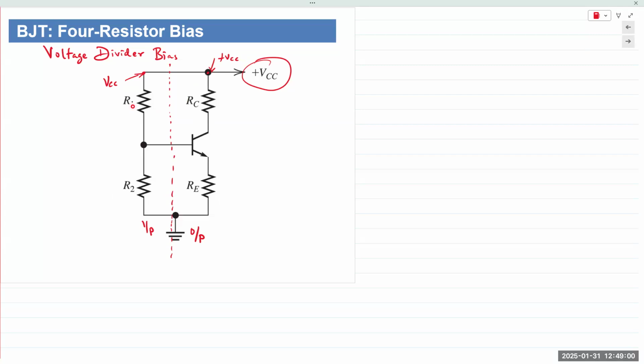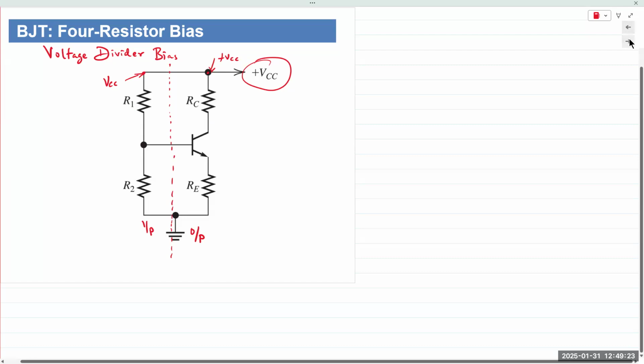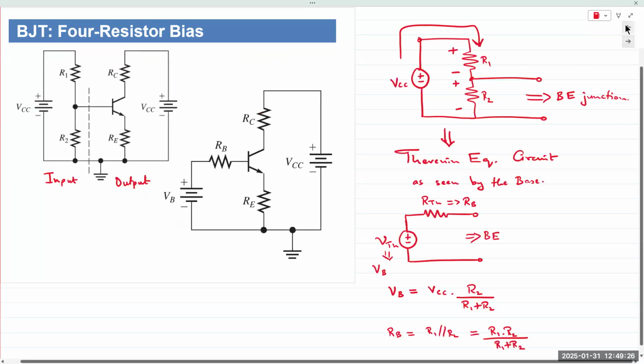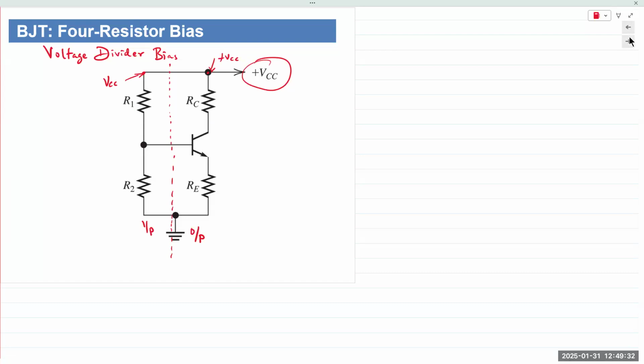So this creates a voltage divider network between the 2 base resistors. Hence, this is also known as a voltage divider bias. And because there are 2 resistors going in there, we are going to call upon Messrs. Thevenin and Norton.